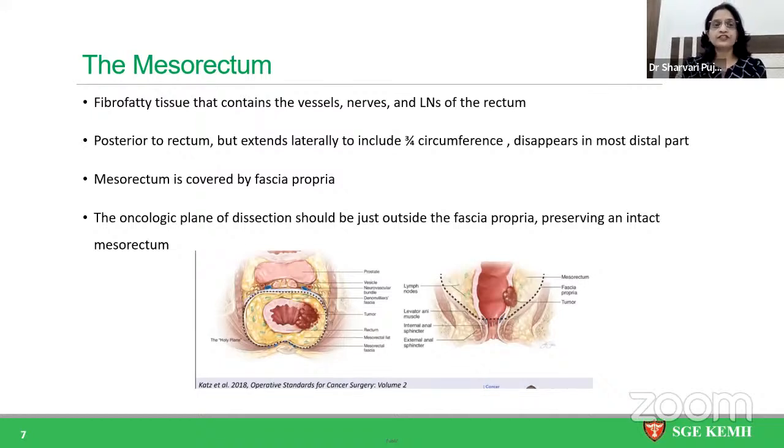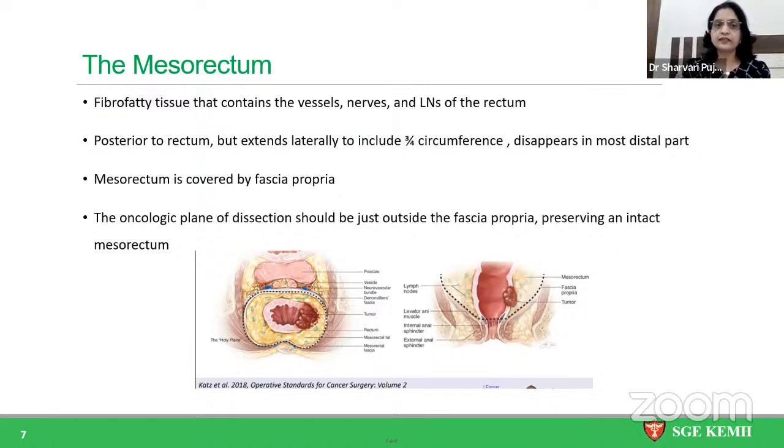Now coming to mesorectum. This is an important structure. It is the fibrofatty tissue that contains the rectal vessels, nerves, and lymph nodes. The mesorectum lies majorly on the posterior side of the rectum, but it extends laterally also and includes about 3/4 of the circumference of the rectum. And in the most distal parts of the rectum, the mesorectum disappears.